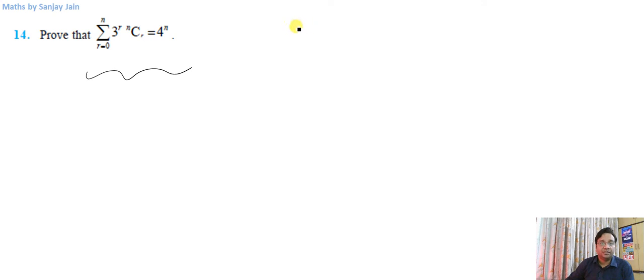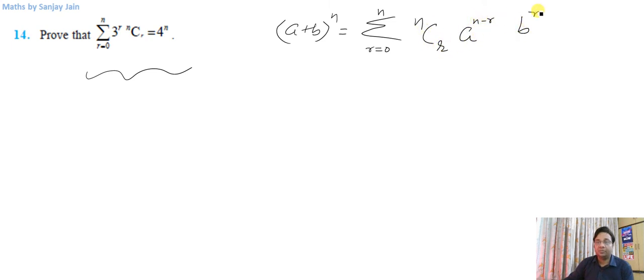What I'm saying is, when we did a plus b raised to power n, then we said the formula for it can be written as the sum, r goes from 0 to n, of NCR a raised to power n minus r, b raised to power r. And if you look at the left hand side of this expression, it is 3 raised to r here, right? 3 raised to r.